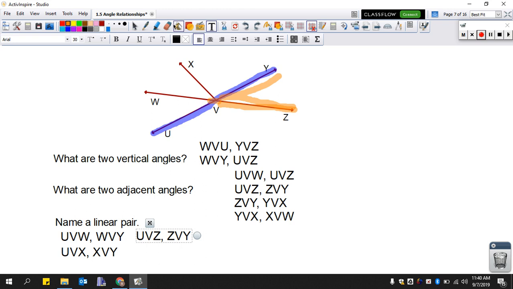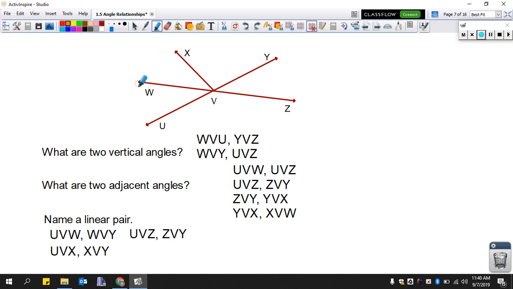All right. Then we have the orange line, WVZ. And there are also 3 combinations for that line as well.